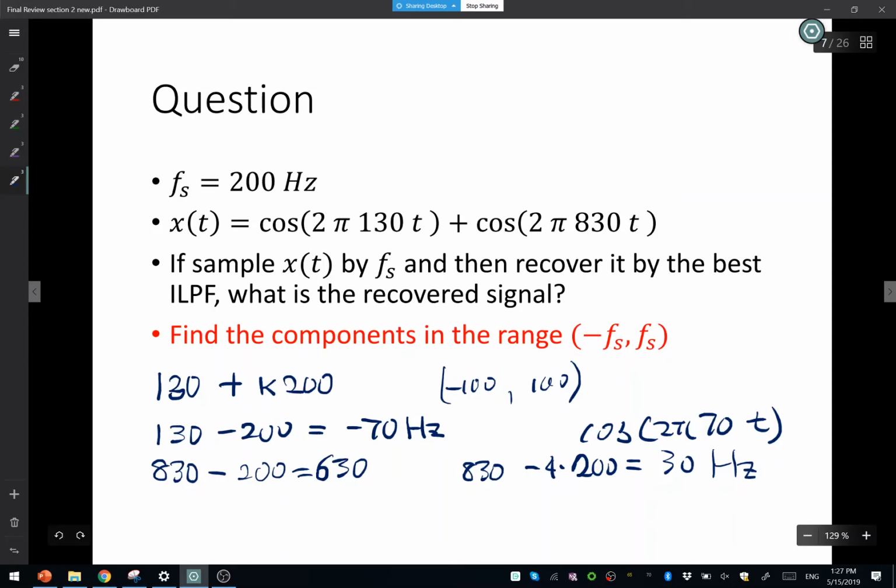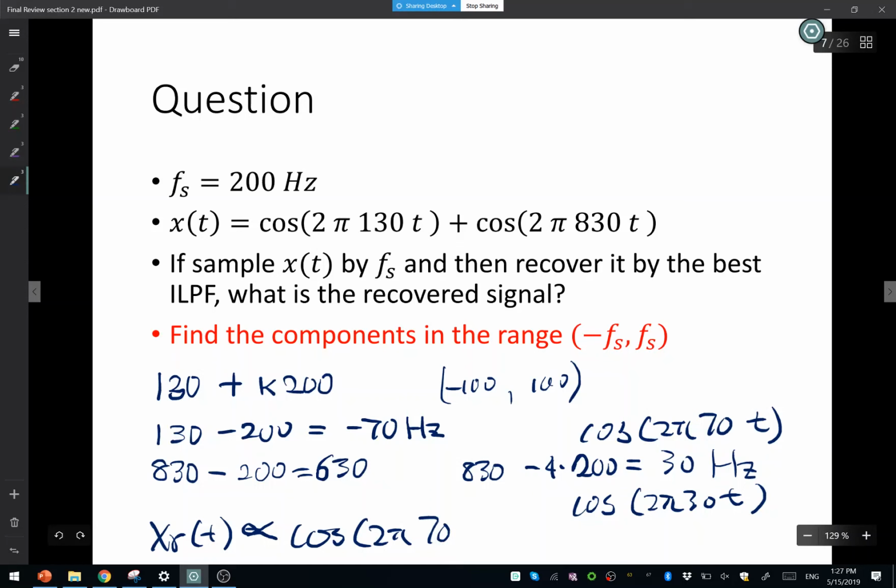So the second component will become cosine 2 pi 30t. So after recovering with a low-pass filter, we're going to have xr(t), not equal to, still proportional to, cosine 2 pi 70t plus cosine 2 pi 30t.